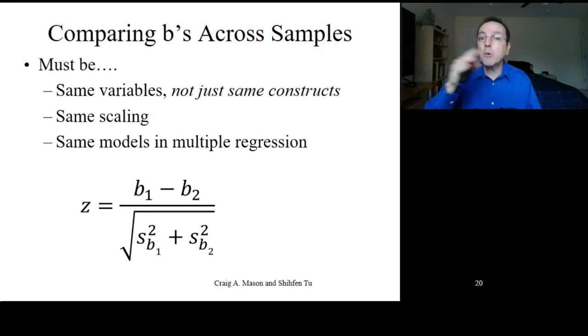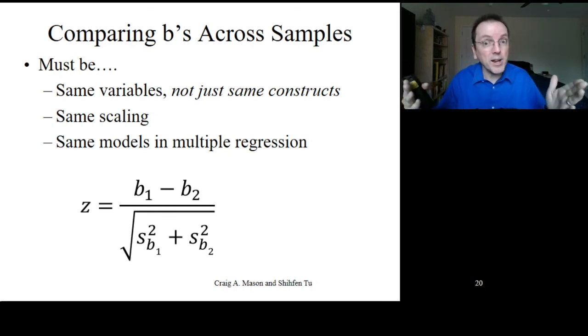Both of those regression models in both studies have to use the same set of predictor variables. Otherwise, as we'll see over and over and over again, the value of the regression coefficients will change based on the other variables that are included or excluded from a model.